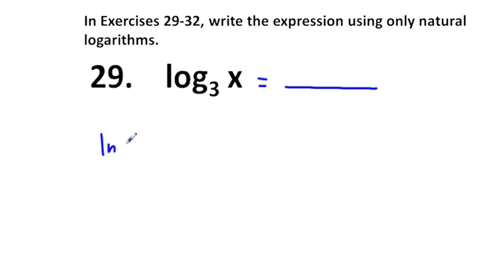So we rewrite this as ln of x divided by natural logarithm of 3. I don't think there's anything further to do on this one.